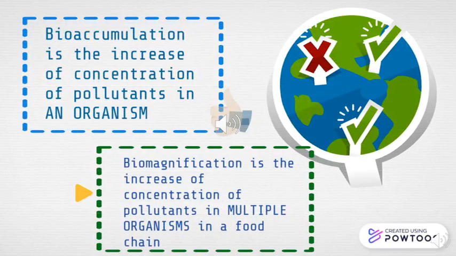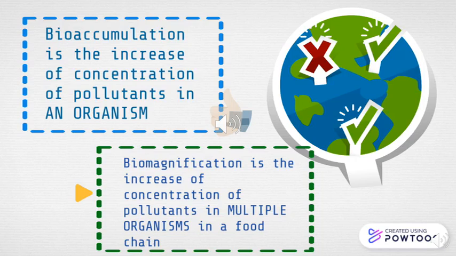Even though it is a bit confusing between bioaccumulation and biomagnification, there is a difference in their definitions. Bioaccumulation is the increase of concentration of pollutants in an organism, and biomagnification is the increase of concentration of pollutants in multiple organisms in a food chain.